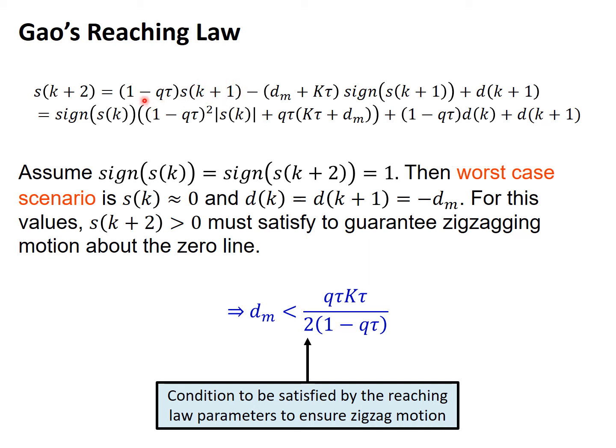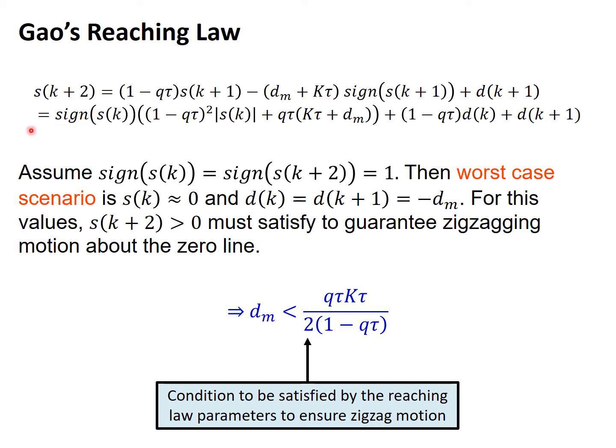Sk plus 1 is 1 minus q tau sk minus all these things, and this has been plugged in. So sk plus 1 is plugged into this equation. So when we do that, and keeping the idea that sine of sk plus 1 is minus sine of sk, this equation will come about.